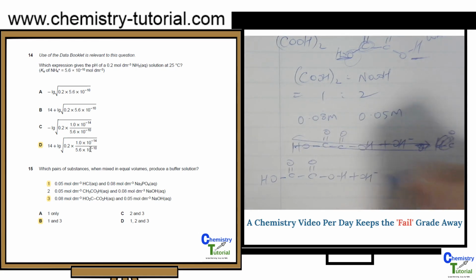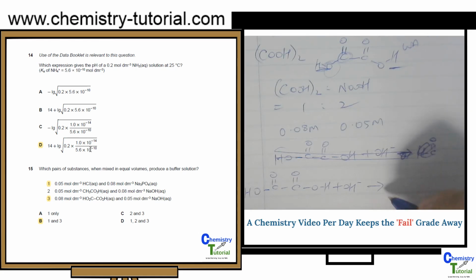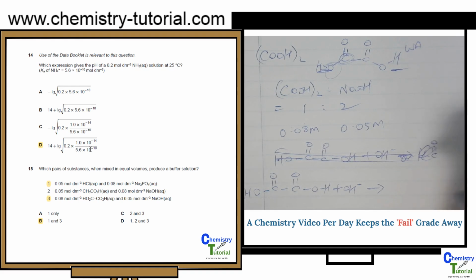Plus hydroxide to give you, this must be a full arrow, because it doesn't matter whether it's a weak acid or strong acid, doesn't matter. It will be a full arrow, full reaction.